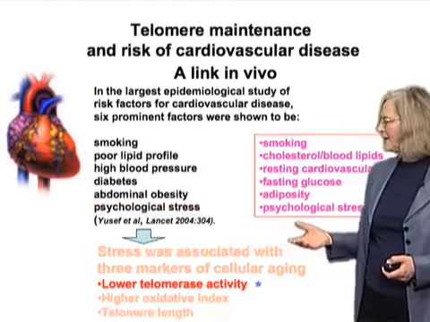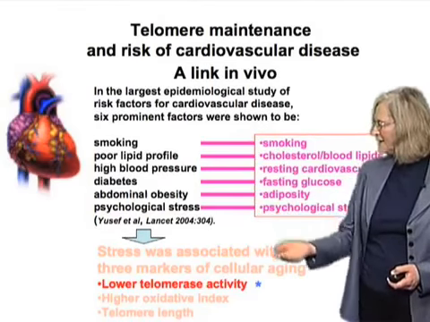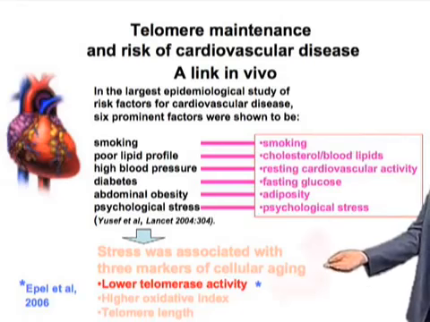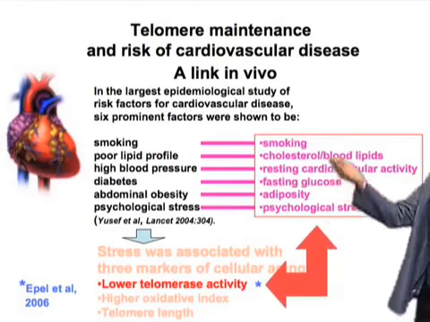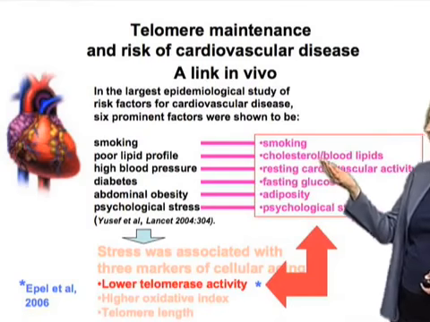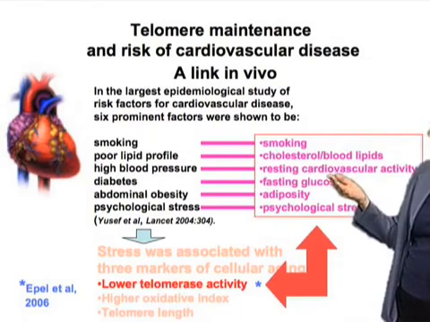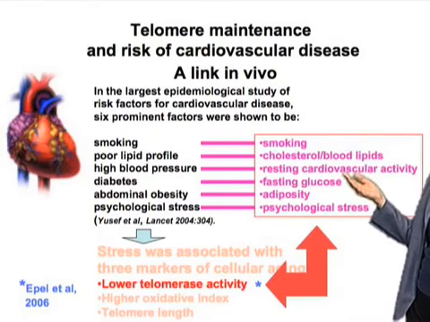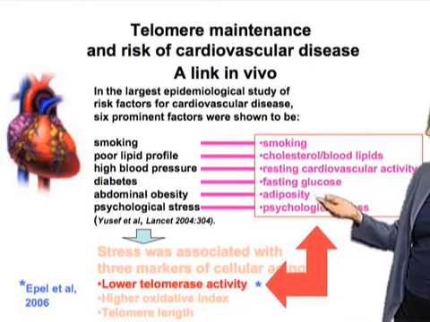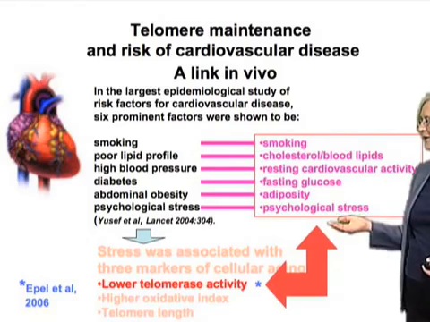Interestingly, it turned out that the one thing that emerged for all of these, in this study which has been published, was lower telomerase activity in the white blood cells. So that went with smoking, it went with the bad cholesterol blood lipid profiles, it went with worse cardiovascular activity profiles, with higher fasting glucose, higher adiposity, and, as we talked about, higher and longer psychological stress.